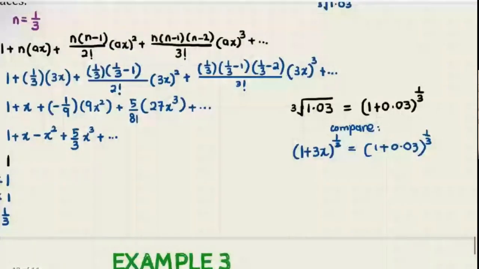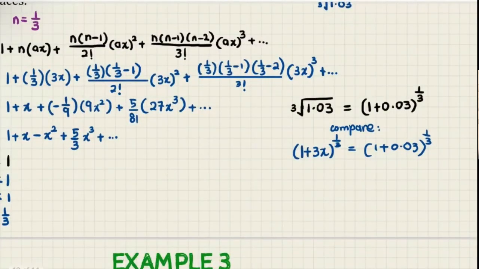Okay, saya compare. Okay, so bila dah compare, ada benda yang dah sama, so kita boleh abaikan.